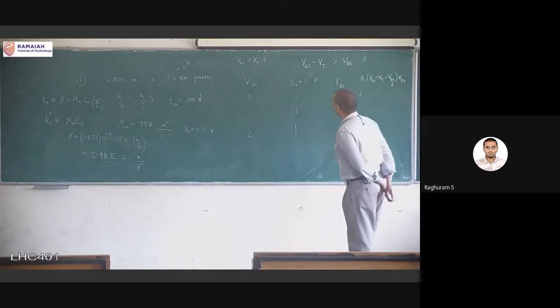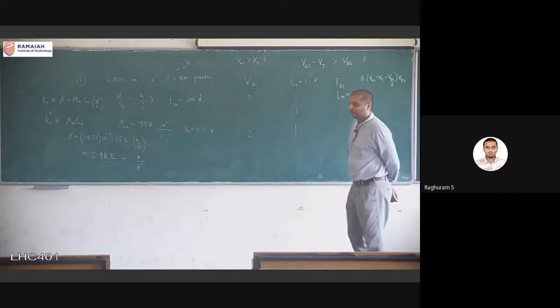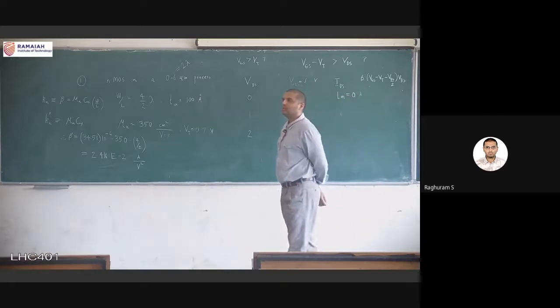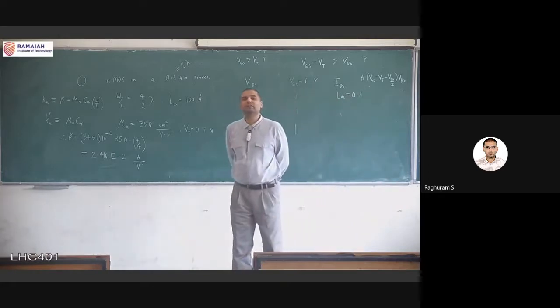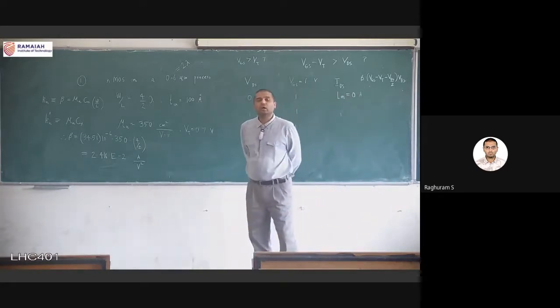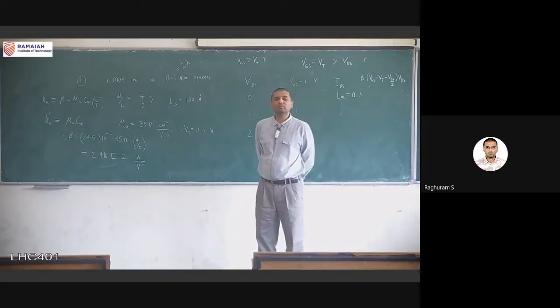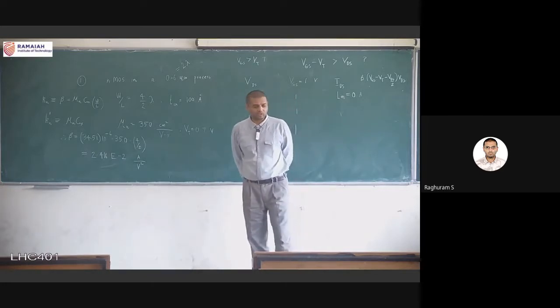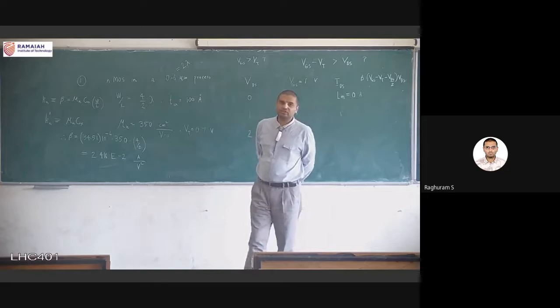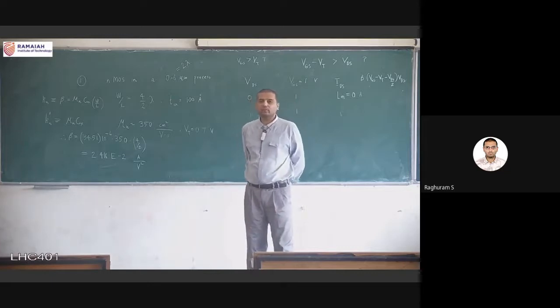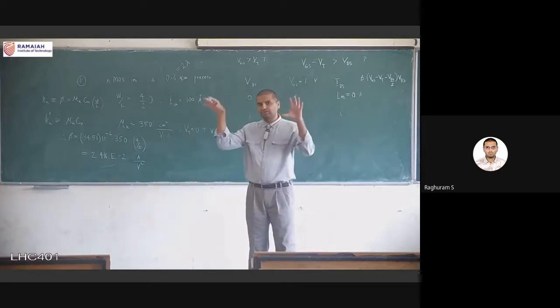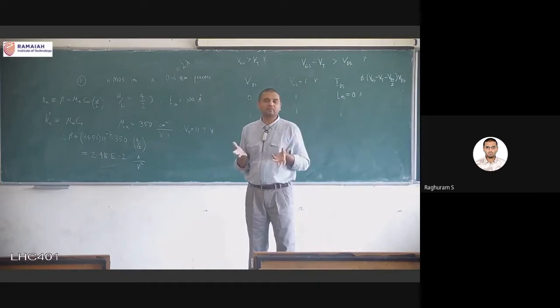One question that you might ask me is, if VDS equals 0 and it is in saturation mode, then we will still get a current, right? Because the saturation current expression is beta by 2 into VGS minus VT the whole squared. VDS is not there in that equation, so even if VDS is 0, we will get a current.